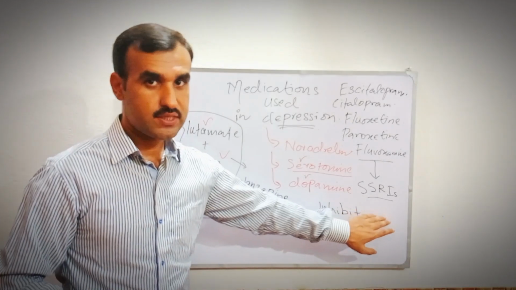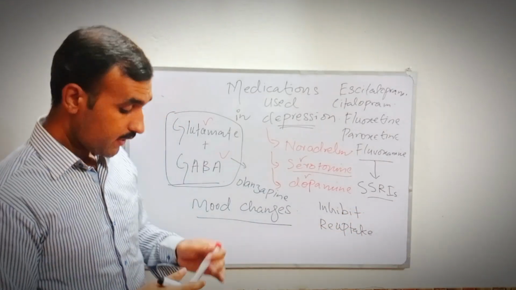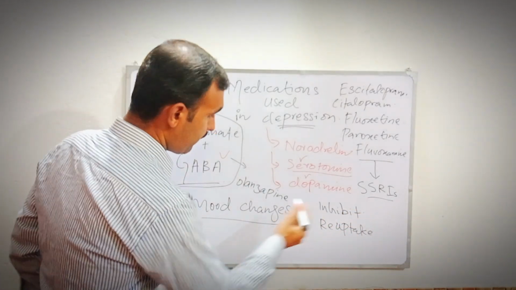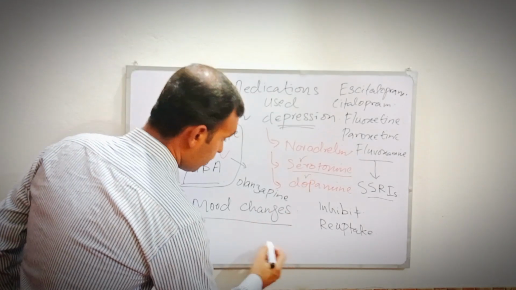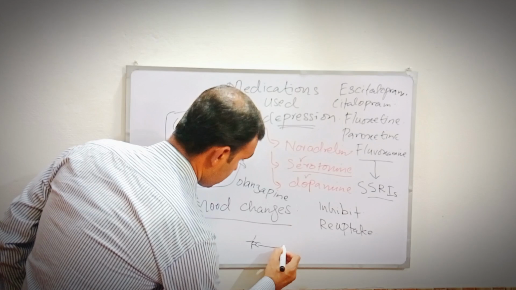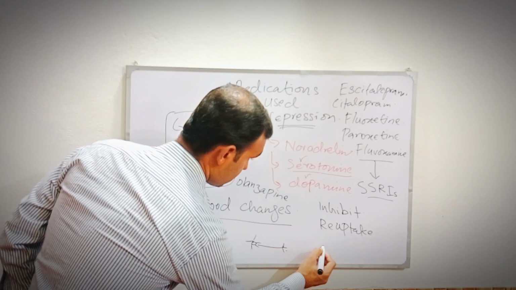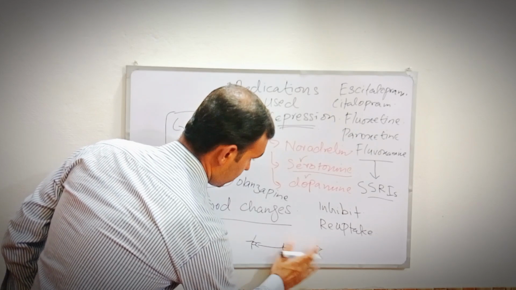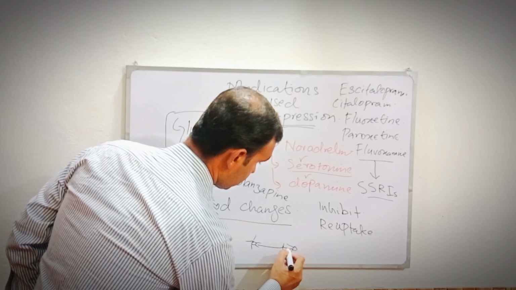It will go inside the brain, and in the brain it will block the reuptake of serotonin between the neurons. Just like this is one neuron, and this is another neuron.